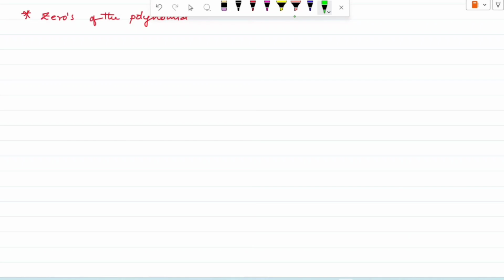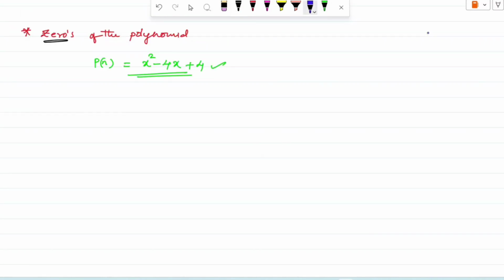Now let us take an example. p of x is equal to x square minus 4x plus 4. If I take this as an example, what are the zeros of this particular polynomial and what does it mean?